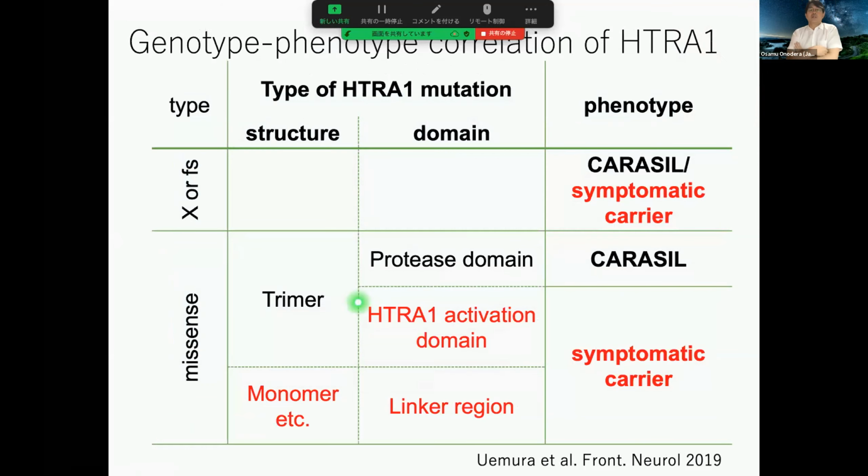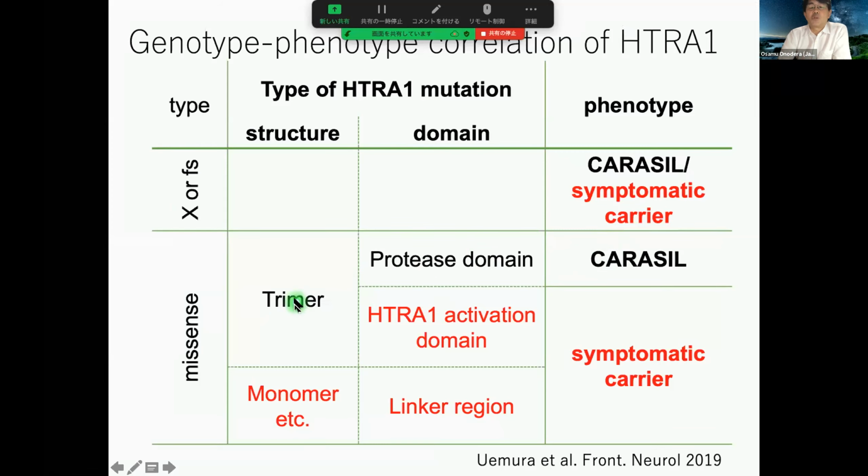This is a summary of our results. We speculated that maybe if the missense mutations form trimers and are located at the protease domain, they cause CARASIL.